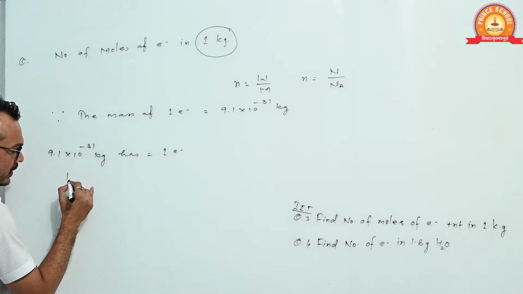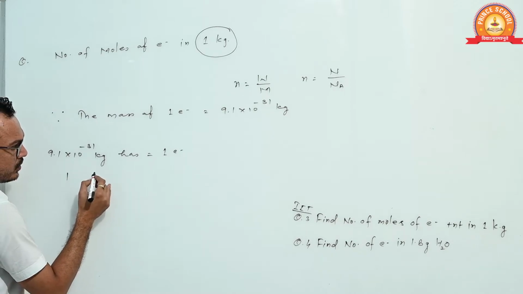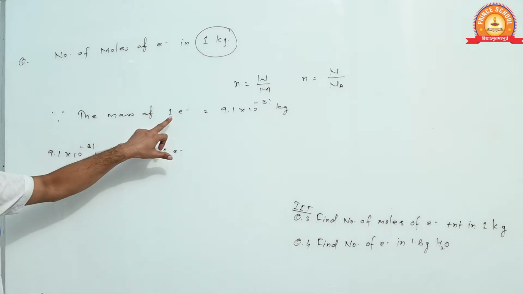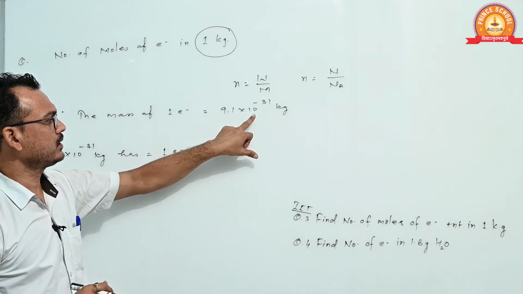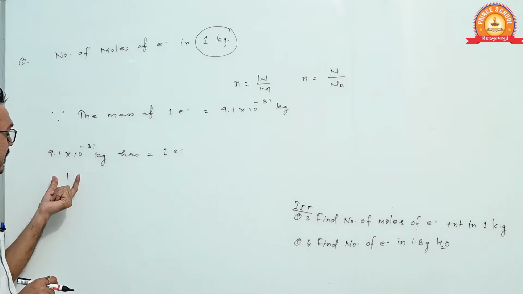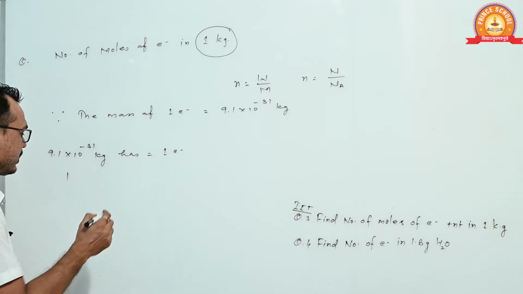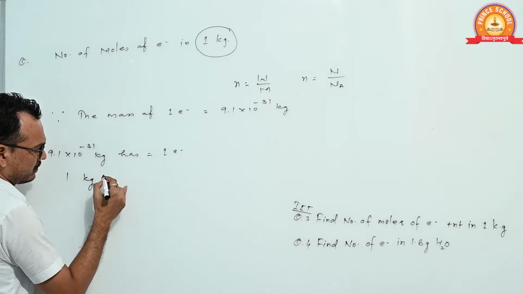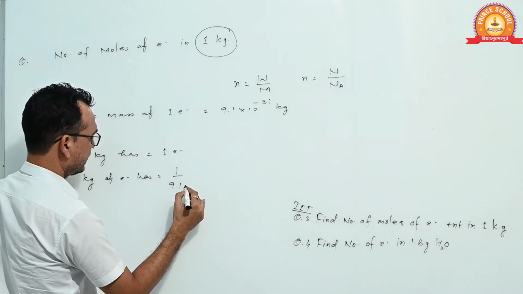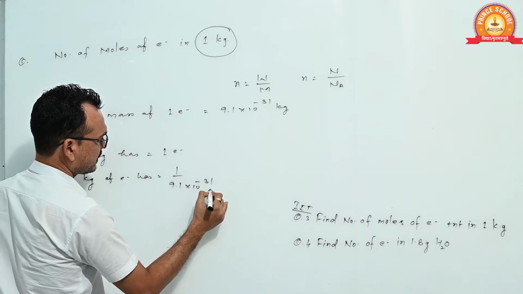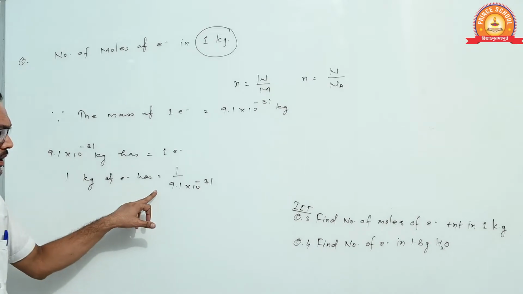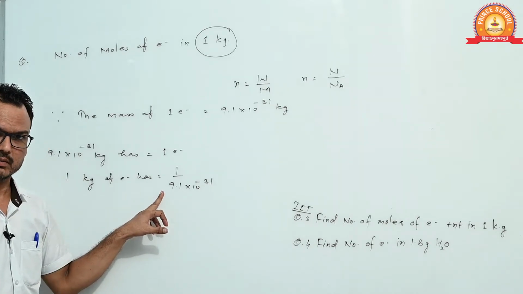Then the number of electrons in 1 kilogram is 1 upon 9.1 into 10 to the power minus 31. Clear? It is the number of electrons in 1 kilogram.